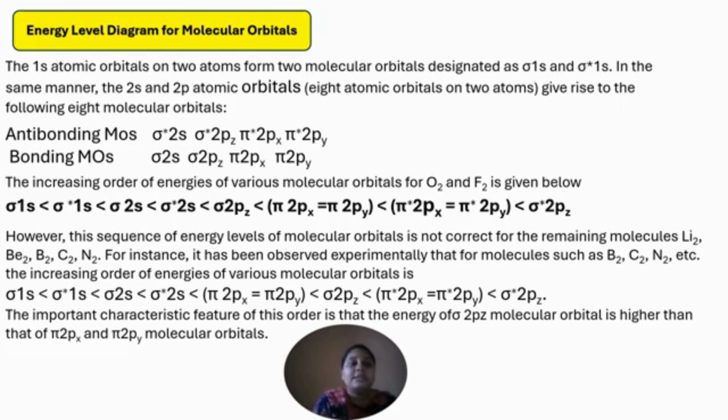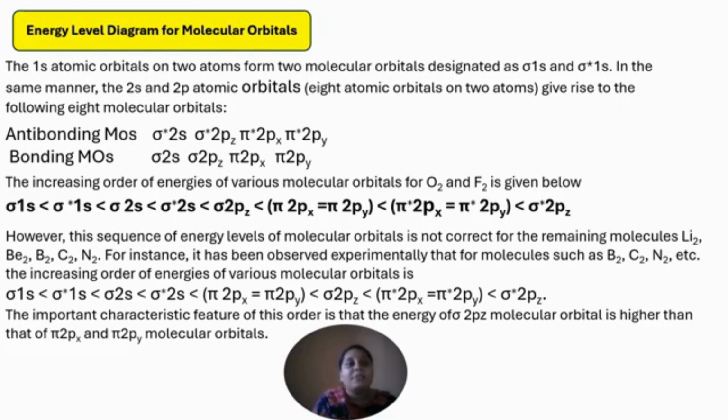This is the increasing order: sigma 1s, sigma star 1s, sigma 2s, sigma star 2s, sigma 2pz, pi 2px, pi 2py, then pi star, and at the end sigma star 2pz.